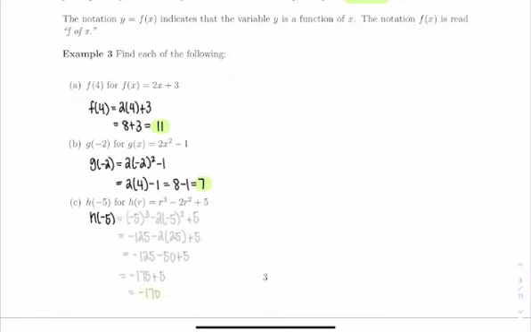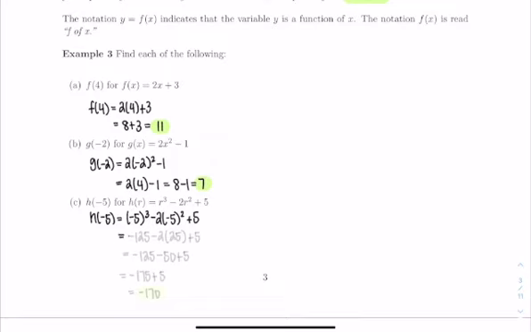Let's go ahead and try another one. h of negative 5. This time it's h of r, but as you can see, the function is in terms of r. So it's just letting you know where you're allowed to plug in. It's a placeholder. So we have negative 5 cubed minus 2 times negative 5 squared plus 5. Let's go ahead and do our exponents first.